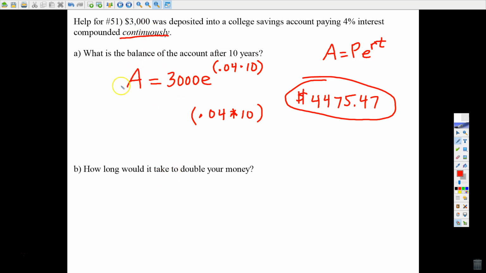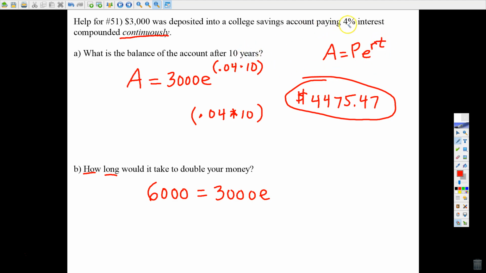So we already know the goal, or the A amount, what we're shooting for, is $6,000 from an original investment of $3,000. So A means how much we ended with, P is how much we invested to begin with. All right, and we're still using e, but this time the question is how long. That means how many years. That means we're solving for t.